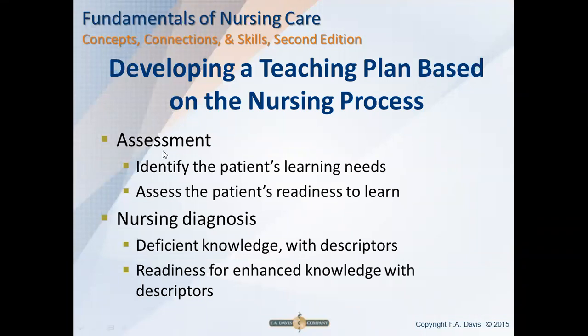The first one is assessment. Identify the patient's learning needs and assess the patient's readiness to learn. For example, if I have bronchial asthma and you teach me about diabetes, it is okay, but it is not my need.